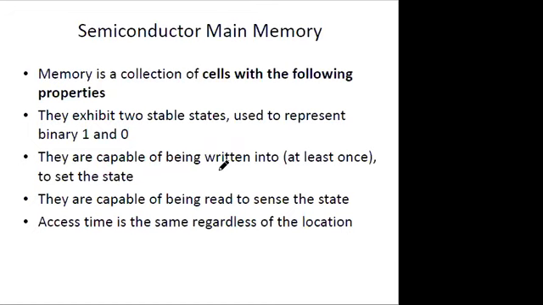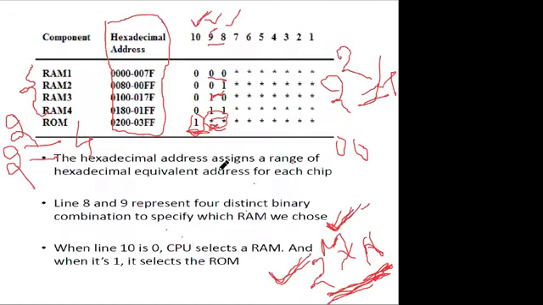But before going to it, I have one point to address. In this case, lines 8 and 9 represent 4 distinct binary combinations to specify which RAM we choose. Depending upon this binary combination, we choose the RAM.